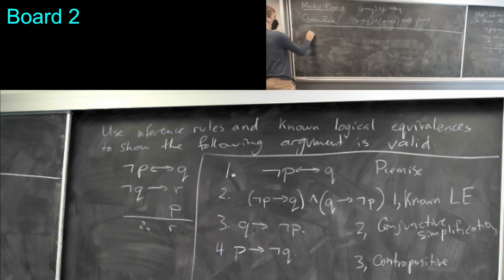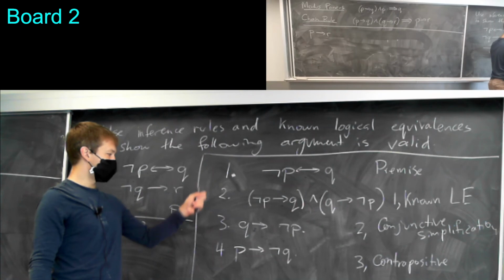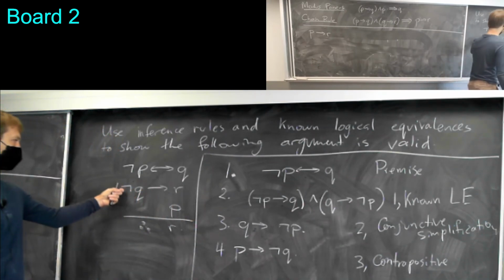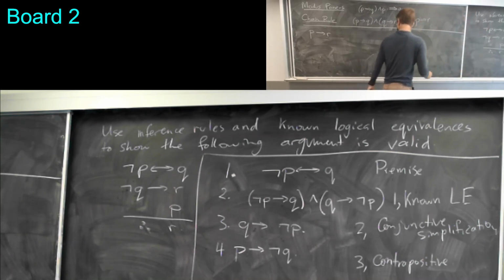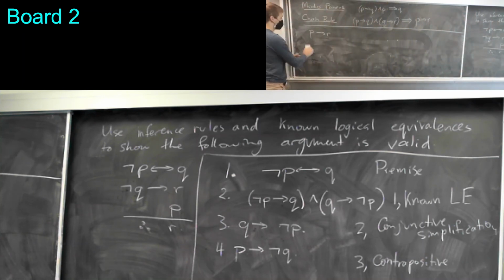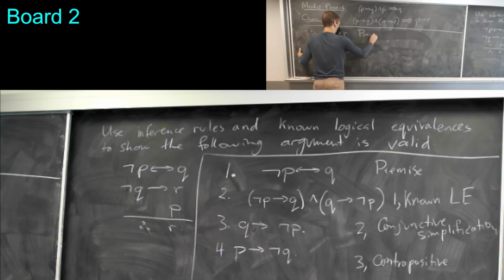So I can write P implies R using, I guess, this premise. The way that I think we want to do this is we want to write a line which is the premise. So let's do one extra step. I'll just write not Q implies R. The reason is that that's a premise.